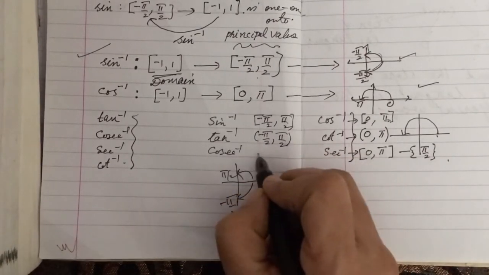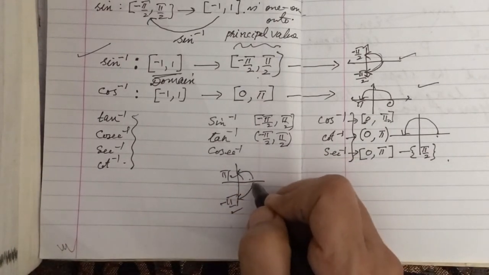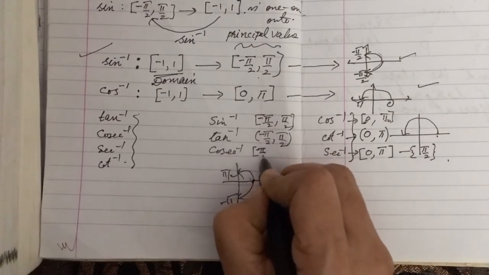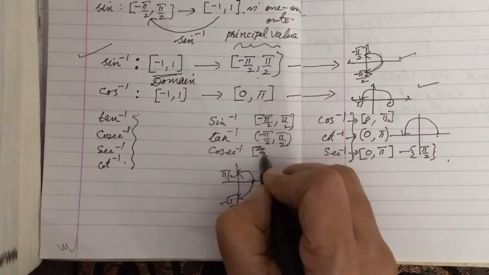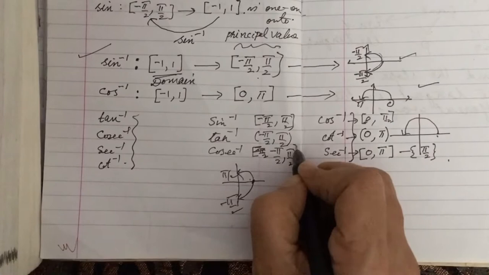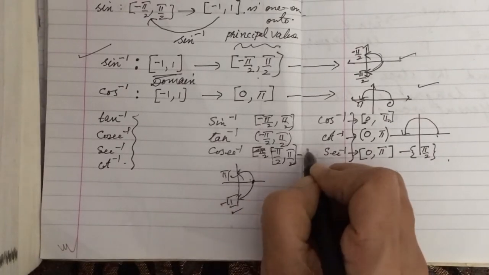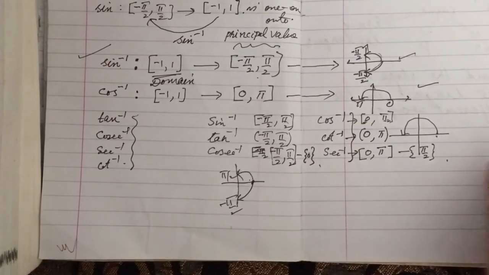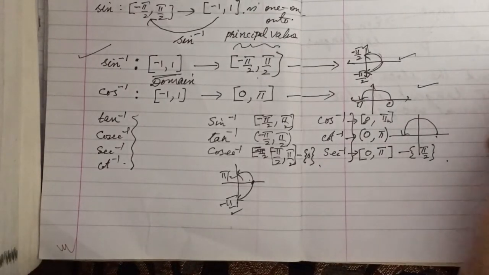And for cosec inverse, the midpoint, meaning 0, is removed from the basic interval. Sorry, it is minus pi by 2, pi by 2 minus 0. So these are the principal values of all the inverse trigonometric functions.